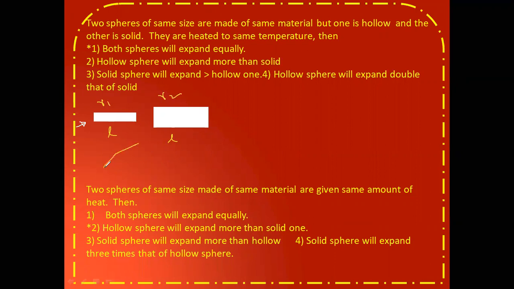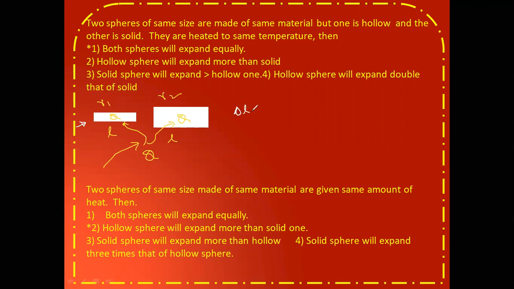If I supply the same amount of heat energy to both of them, so for this I am supplying Q and for this also I am supplying Q, then sometimes they will ask a question: what is the ratio of the linear expansion of the rods?